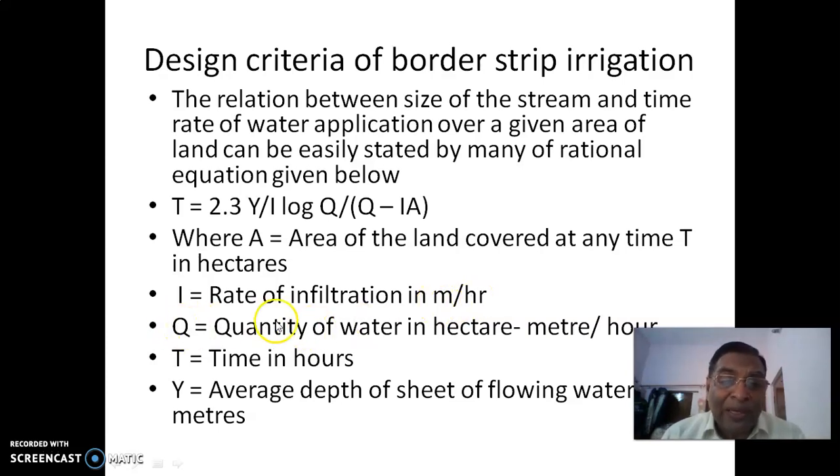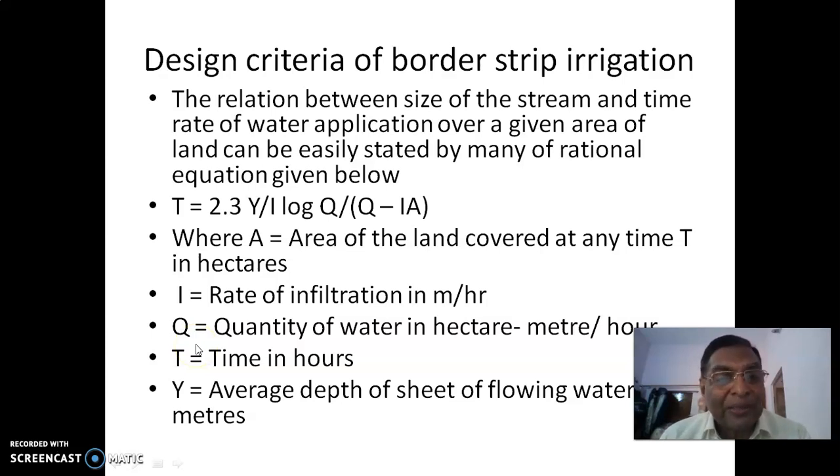Q is the quantity of water in hectare meters per hour, that is the discharge. T is time in hours. Y is the average depth of the sheet of flowing water in meters. So if you have these parameters, you can estimate in how much time you can cover an area for a given discharge.